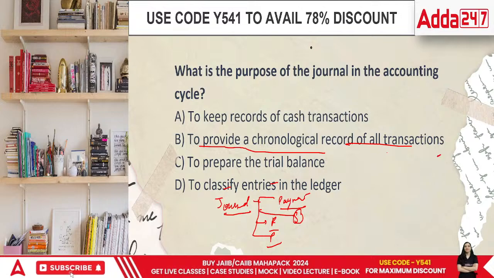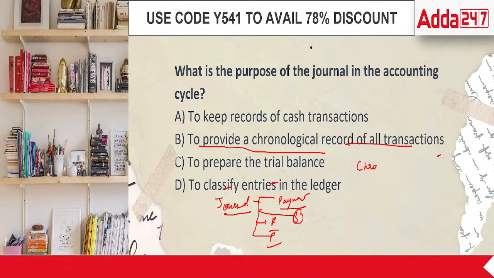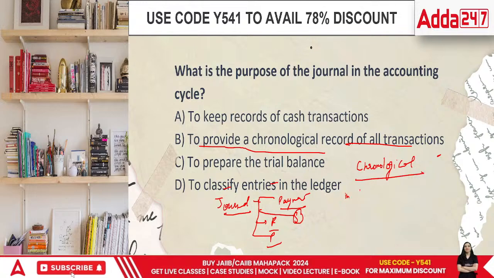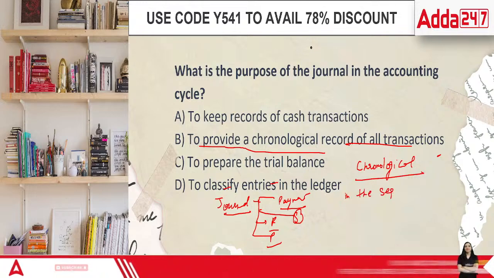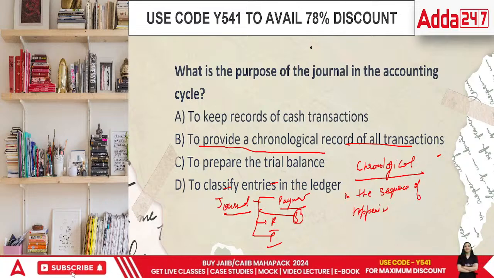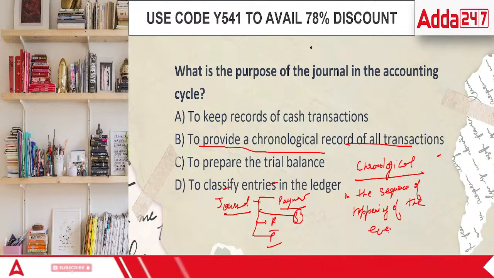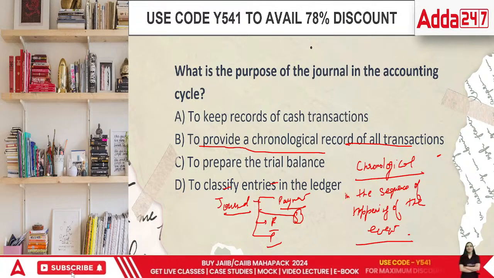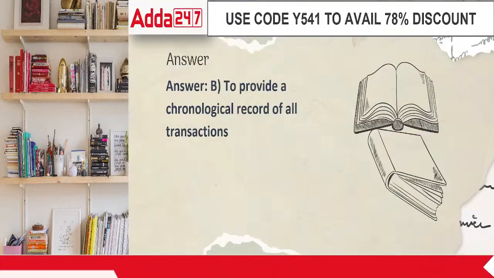Chronological means date wise, or rather, it is basically in the sequence of happening of the event. Done, everyone? So in this case, the answer is journal.